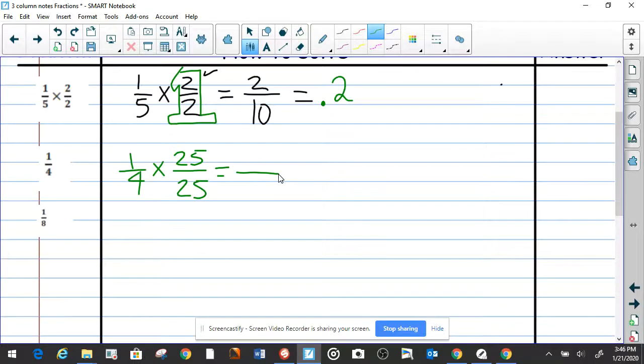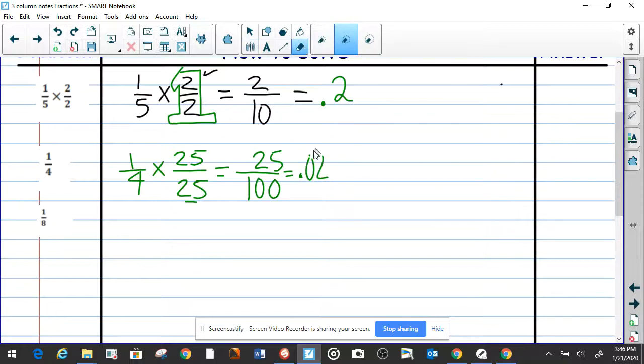So 4 times 25 equals 100, and 1 times 25 equals 25. So that is one way. Now we can write this as a decimal number. My apologies, that was not written correctly. It's decimal point 25 hundredths. Okay, so that's one way.